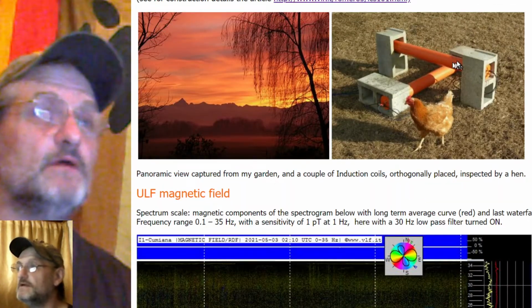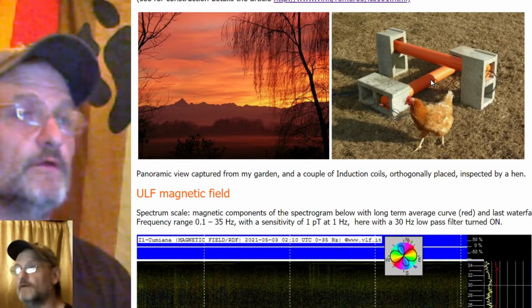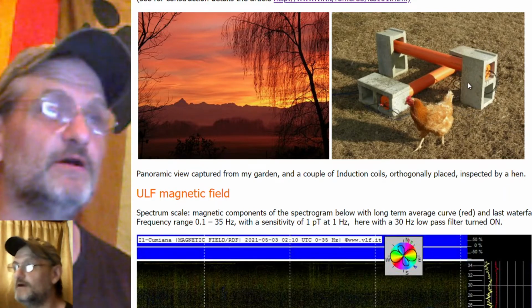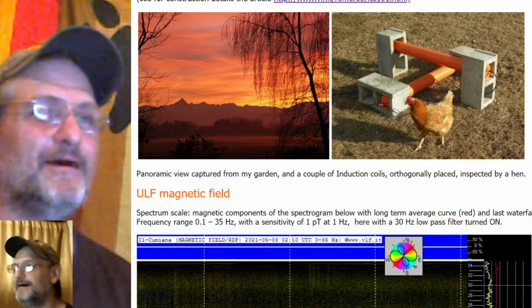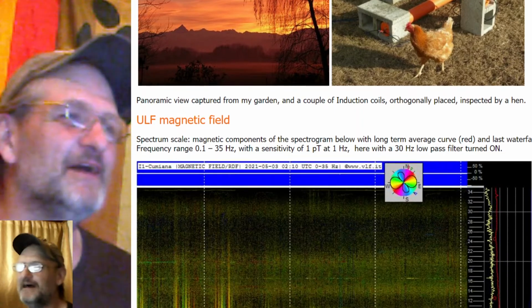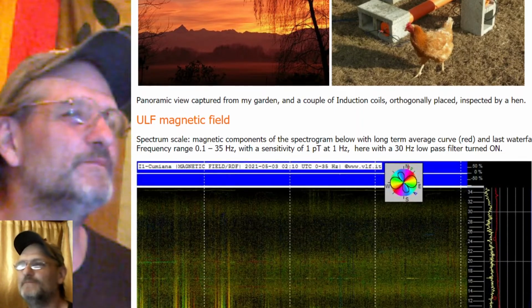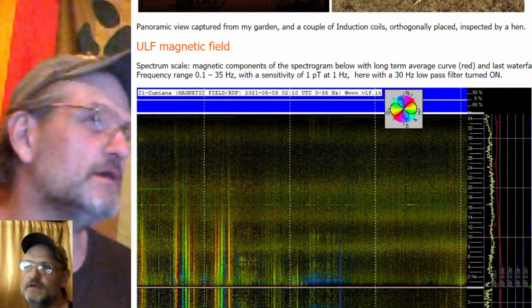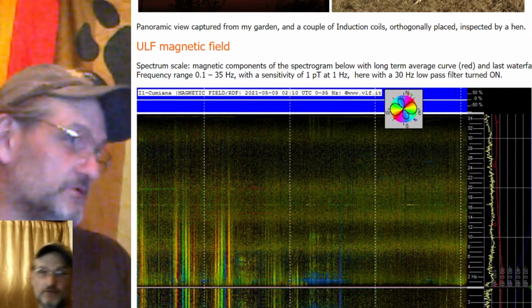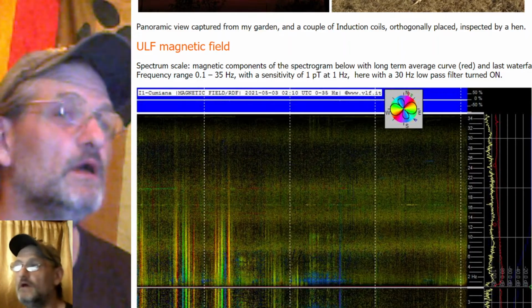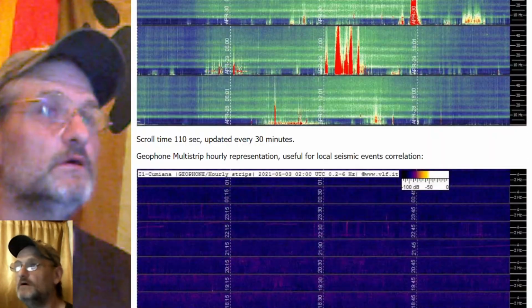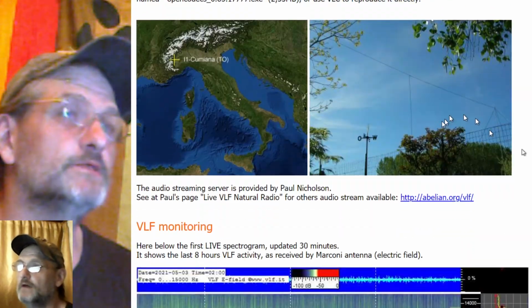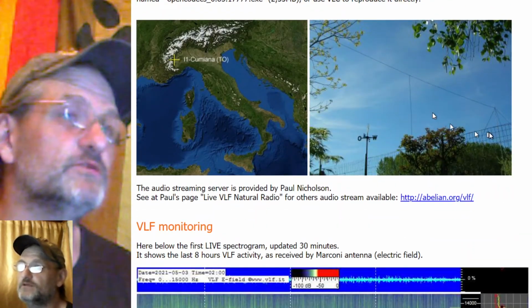But these are the induction coils here at Renato Romero's Chateau, VLF de la Comiania. So this is the ULF in the magnetic field. Okay, and so the coil. So we went from, I don't know, 2 days ago, whenever we started this, talking about the electric side of it.